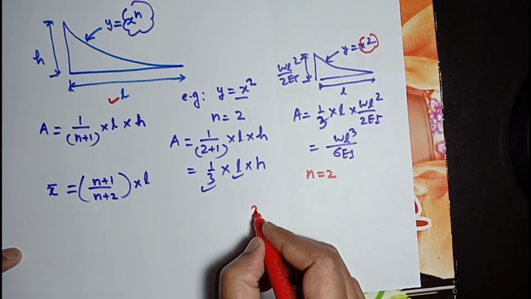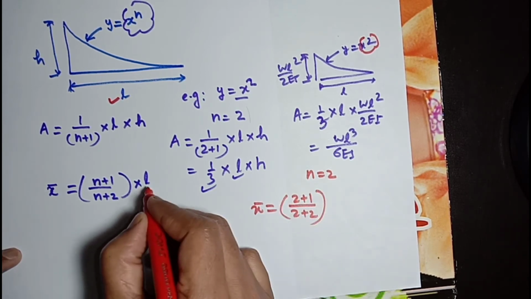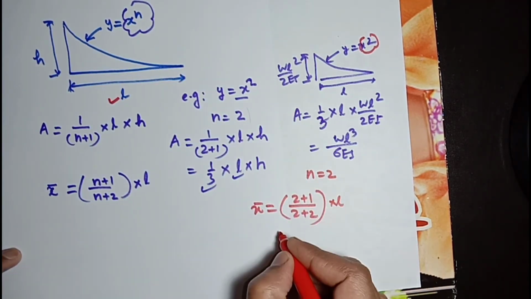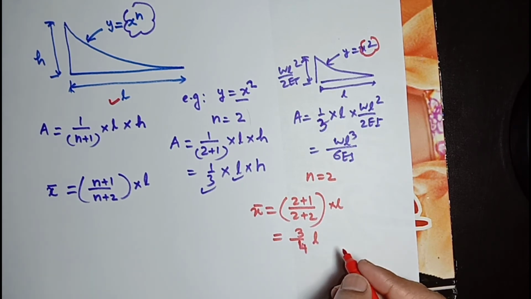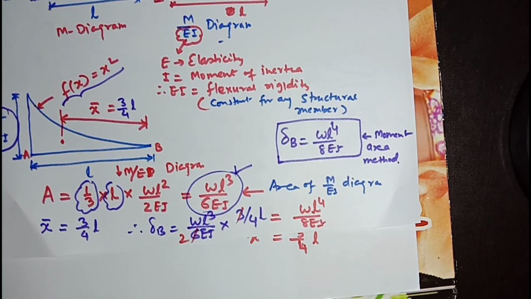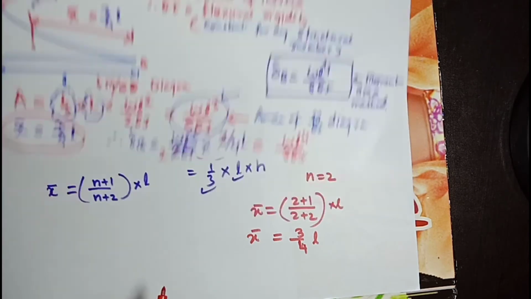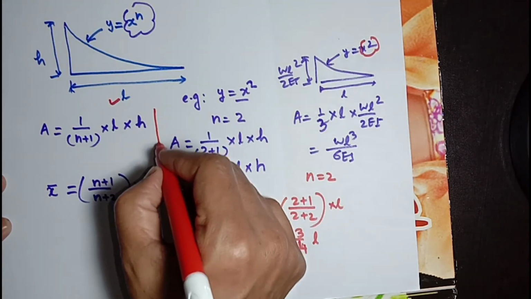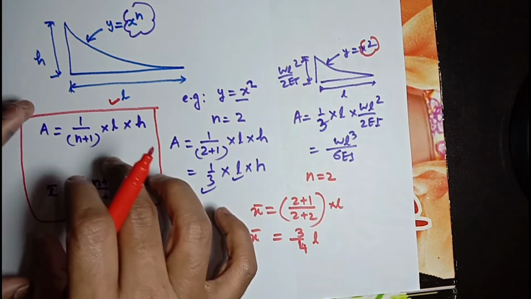So we can say x bar will be 2 plus 1 divided by 2 plus 2 multiplying with this length L. So it will be 3 divided by 4. 3 divided by 4, it will be x bar. And we have done the same thing here. We have taken x bar equal to 3 by 4 L. If you remember these two formulas, you can find out any kind of area and its centroid using these formulas.